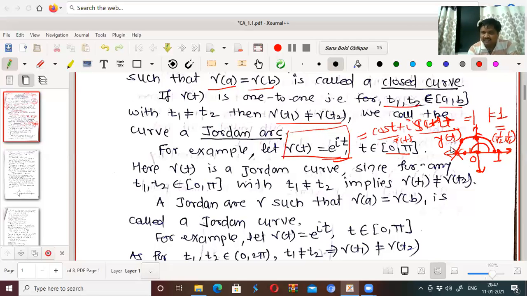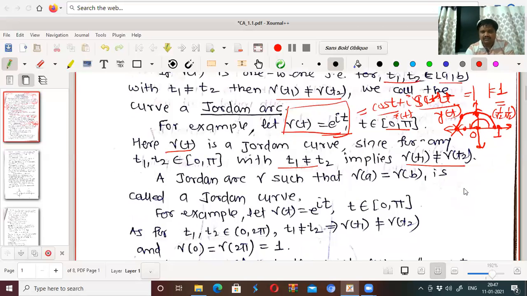So this is an arc which is not intersected anywhere with itself, and therefore such a type of curve is called a Jordan curve. So here gamma t is a Jordan curve, since for any t1, t2 with t1 not equal to t2 implies gamma at t1 is not equal to gamma at t2. So different points have different images. Such types of curves are called Jordan curves.